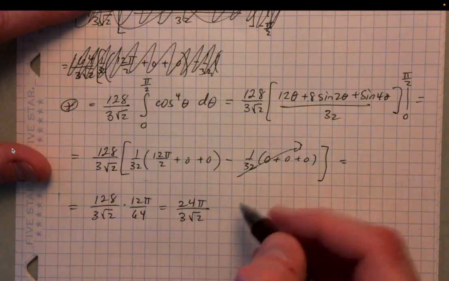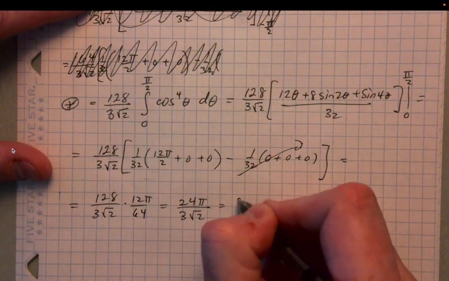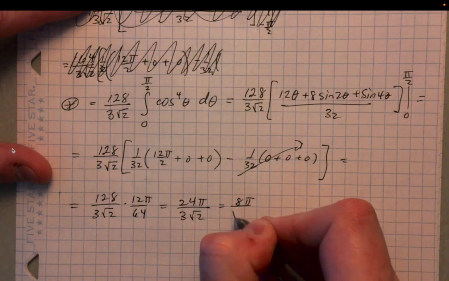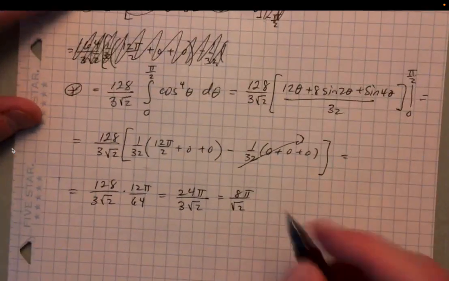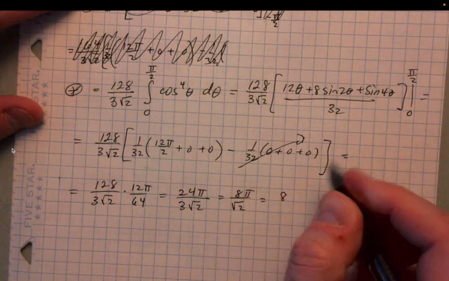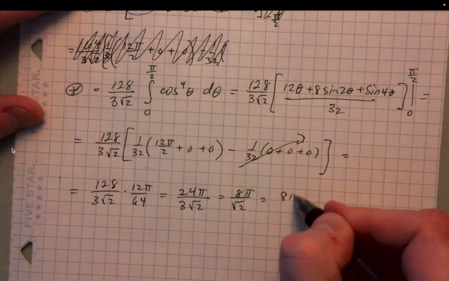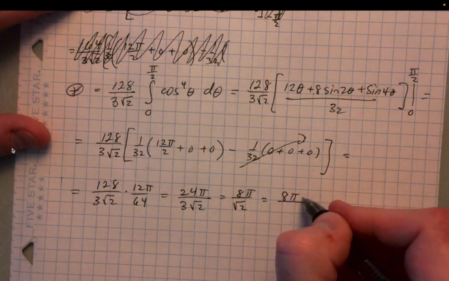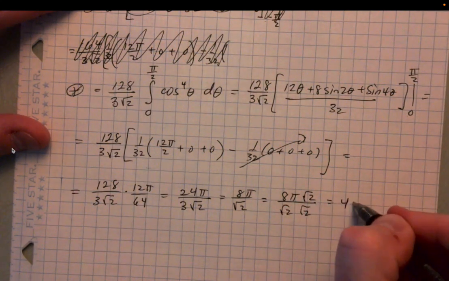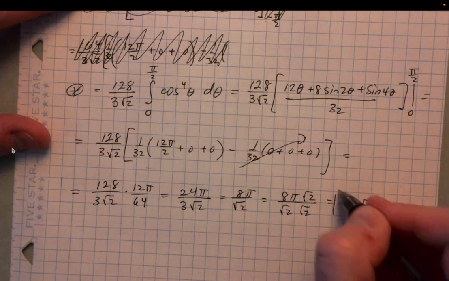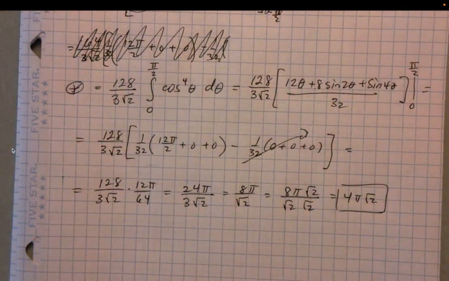And then you can simplify this down to 8 pi over the square root of 2. Then we can rationalize the denominator and we get 8 pi times the square root of 2 over the square root of 2 times the square root of 2. So you get 4 pi times the square root of 2. That is as good as it gets, definitely.